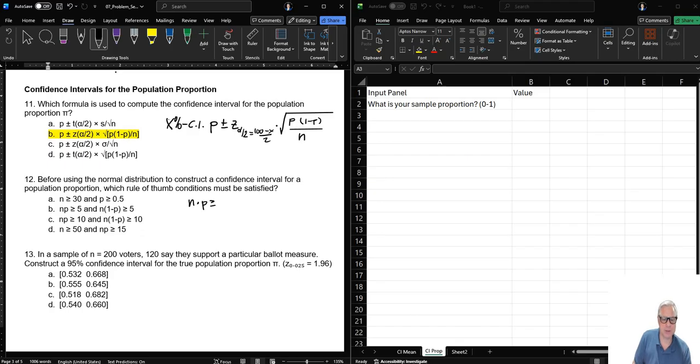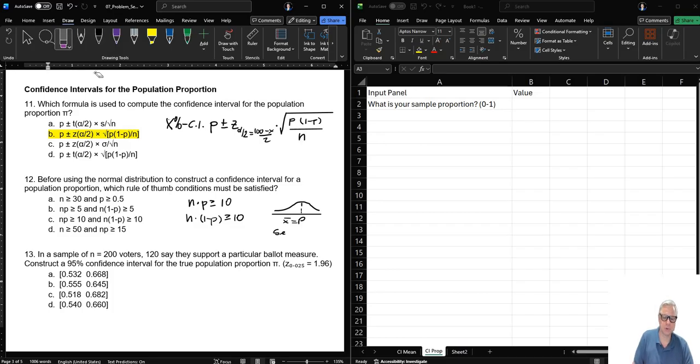So n times p must be greater than 10, but also n times 1 minus p needs to be greater or equal to 10. So that is the rule of thumb. If those two conditions are met, then the distribution of the sampling proportions typically looks like the normal distribution with mean p, just call it now x bar, with the proportion, and the standard error being the square root of p times 1 minus p over n.